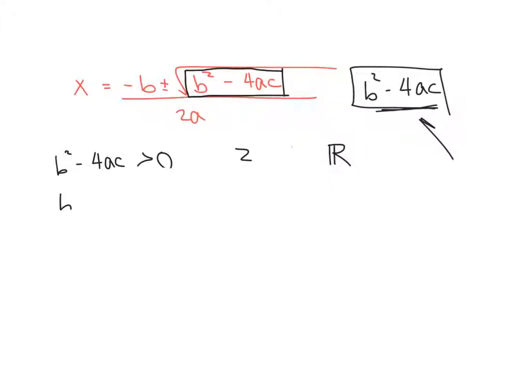So if we do our b squared minus 4ac, and we come up with an answer of 0 under that radical sign, we have the square root of 0. There is one real number solution. And we do not have the plus or minus sign here because this number is 0.